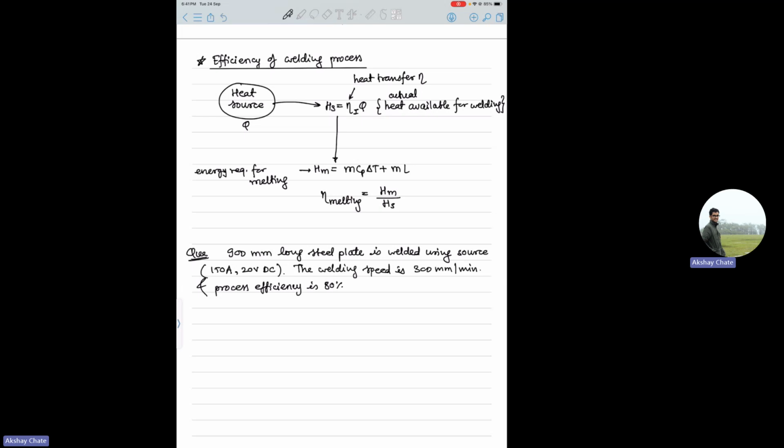Then find the actual heat supplied for welding.